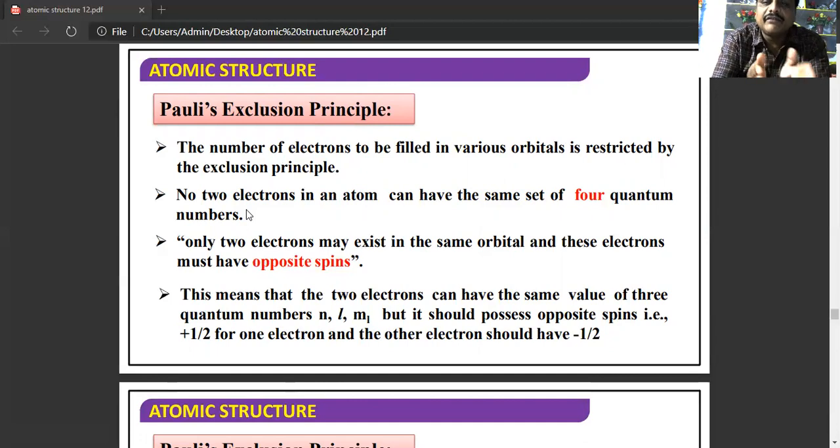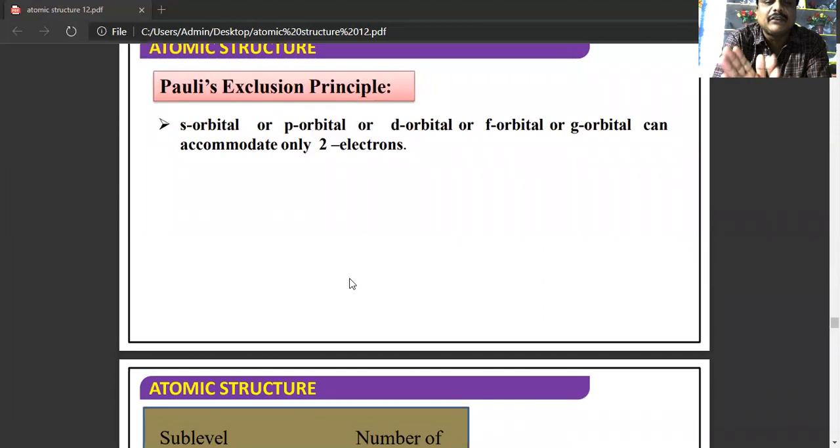That means if the electrons in an atom have n, l, m, that is the principal quantum number, azimuthal quantum number and magnetic quantum number, the same, then definitely the spin quantum number will be varying, because only 2 electrons may exist in an orbital and those 2 electrons have opposite spins. One electron will have plus half and the other will have minus half. So definitely the spin quantum number will be varying.